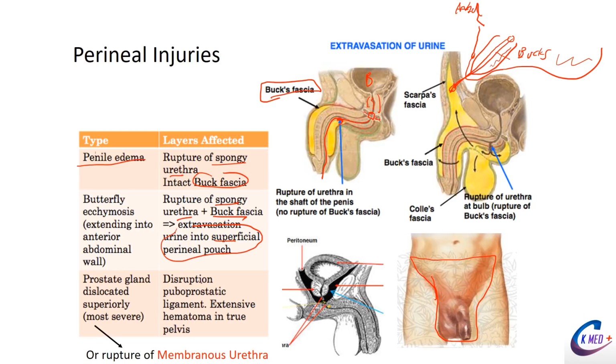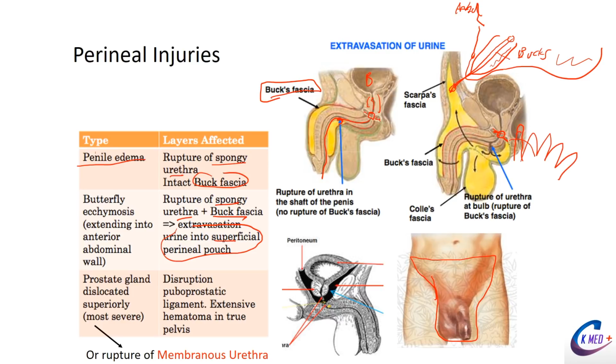And then lastly, one important thing which I talked about is if I damage that little piece right here, the membranous urethra, this little thing that I'm circling right up here, I'm going to bleed into this area, which is my deep perineal pouch. If I bleed in my deep perineal pouch, I can stick my finger in here. This is my finger. I have all my other fingers.